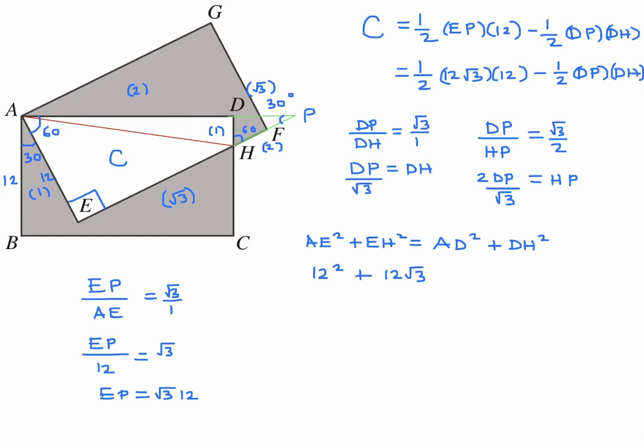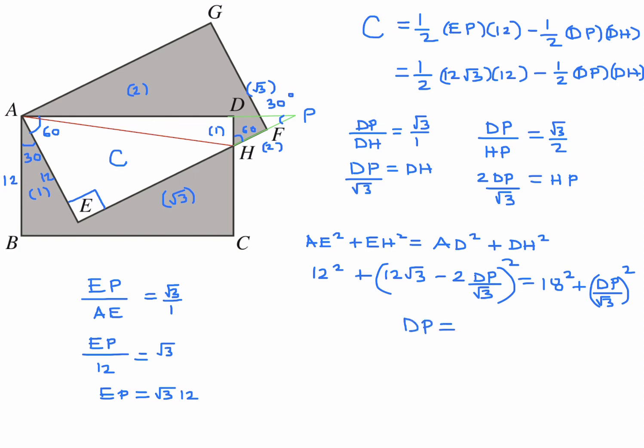And HP we just figured out right here, minus 2 DP over root 3, all squared, and that is equal to AD, which we know is 18 squared, plus DH squared, and I can use this. So that gives me DP over root 3, all squared. And this will help us solve for DP.